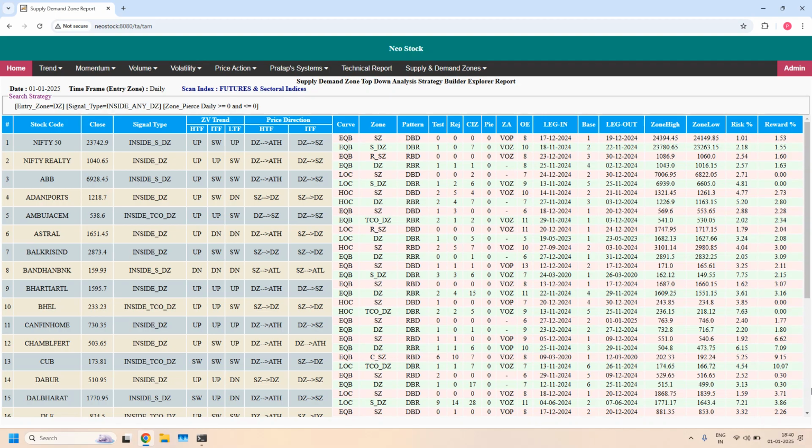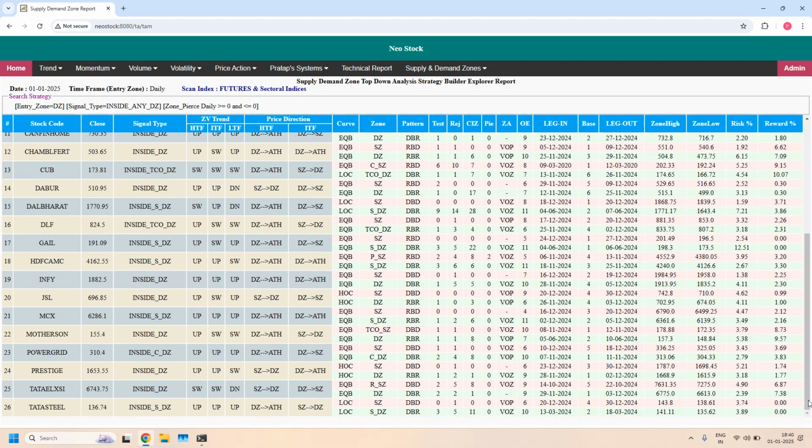So this is the filtered list, the first 15 stocks in the list where price closed inside the daily demand zone. I am scrolling the list down. So total 26 stocks are filtered where price closed inside the daily demand zone.